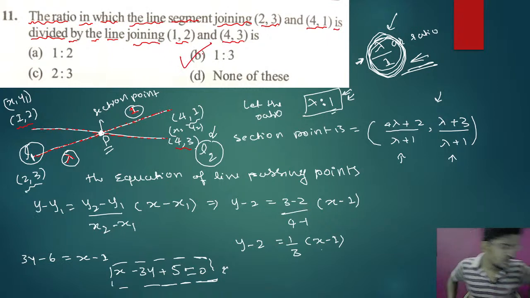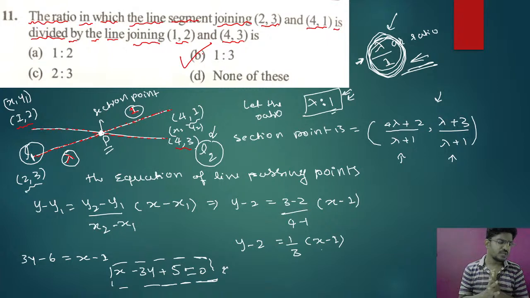Clear? So my dear students, if you are very quick with the concepts and with the knowledge of straight lines, and fast in solving and understanding the concepts, that will make you more successful.